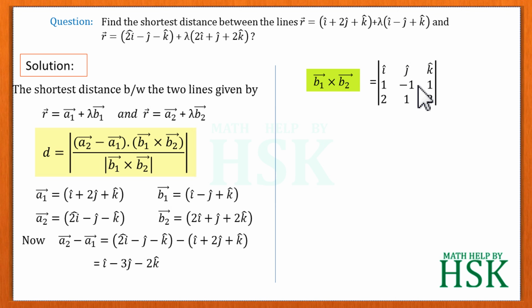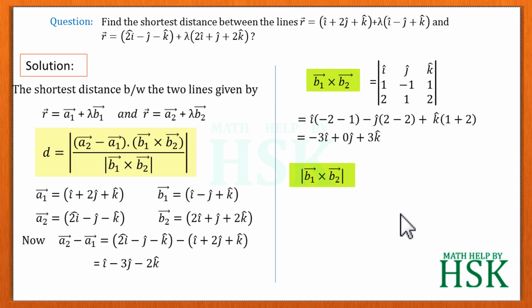This will be equal to i times (−2 − 1), then j with a minus sign taken from the expansion, multiplied by (2 − 2), and k times (1 + 2). This gives me −3i + 0j + 3k. So b1 × b2 is equal to −3i + 3k.